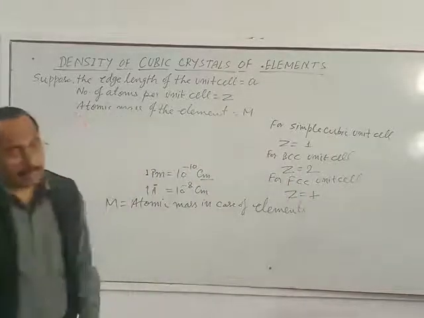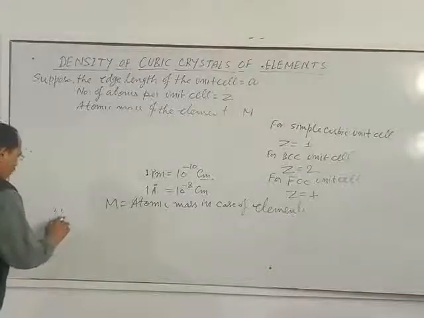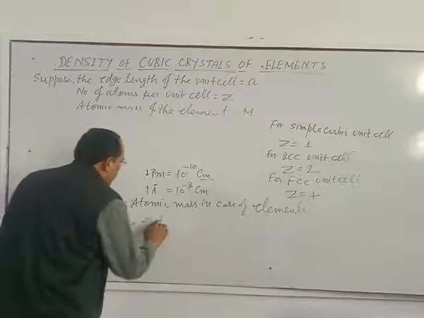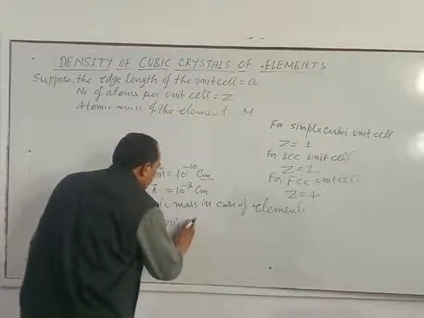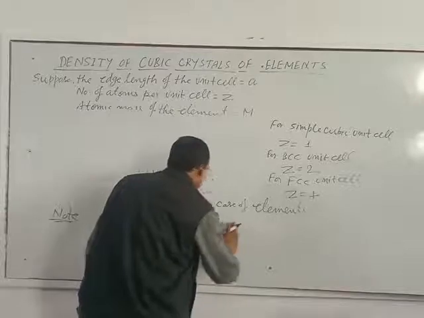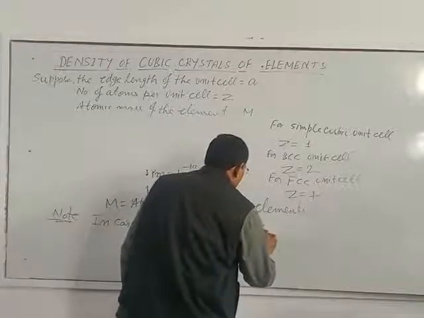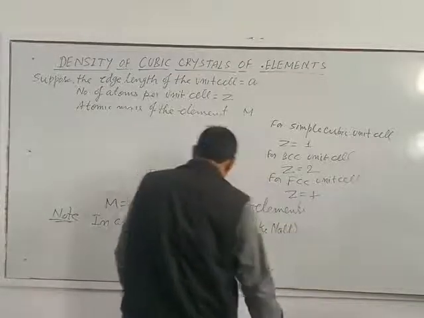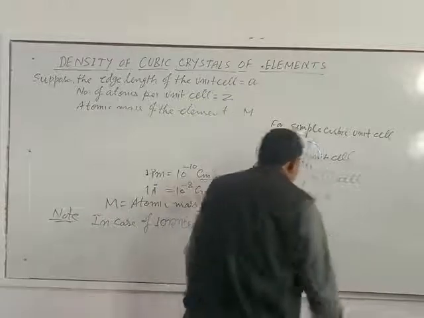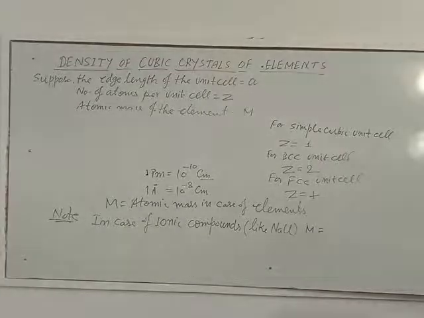M is atomic mass in case of elements, and in case of ionic compounds, this is very important to note that in case of ionic compounds like NaCl, M is equal to formula mass.